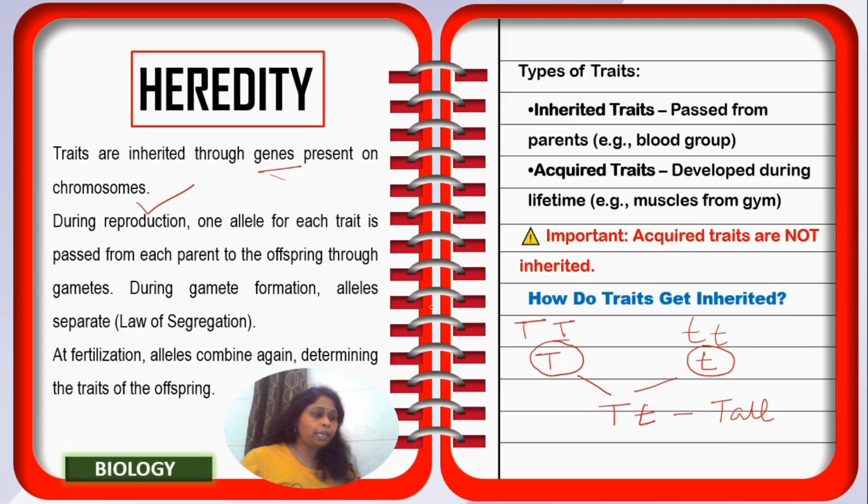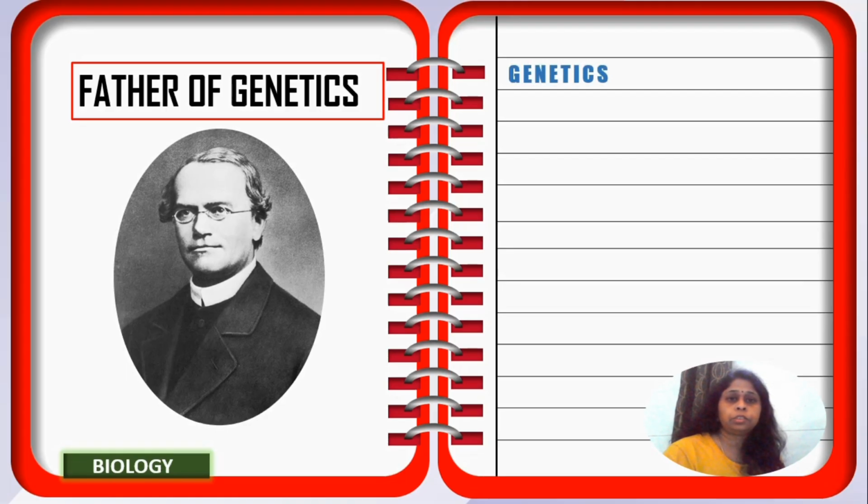When the male and female fuse, one allele from the father and one allele from the mother get fused, and the offspring gets these two alleles, capital T and small t. So this determines the trait of a child, and at fertilization the alleles combine, determining the traits of an offspring. Got it?